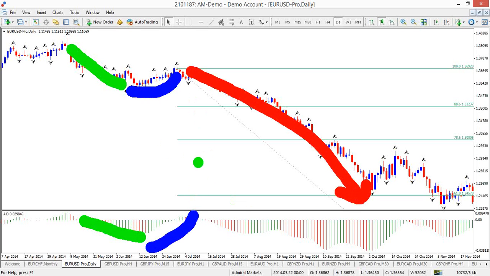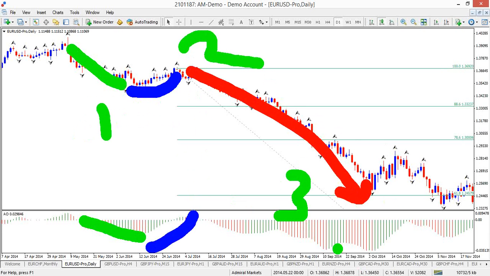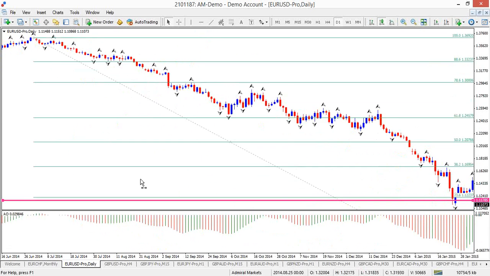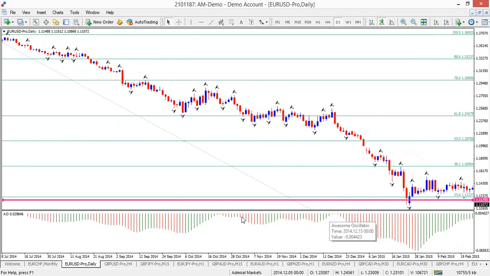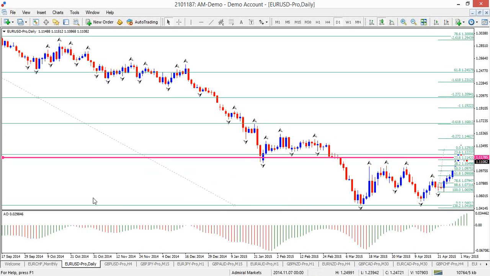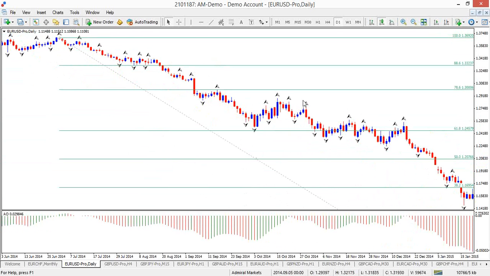So when we then start labeling it, it could be an ABC, but because red was pushing so far, we know that this is a wave 3, so this is a 1, 2, 3. Now, here we push quite far. Sometimes we did go back to the zero line here, slightly here perhaps, not even, missed it by a tad here. But ultimately, I would consider it one push down.